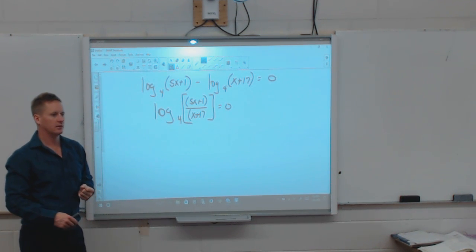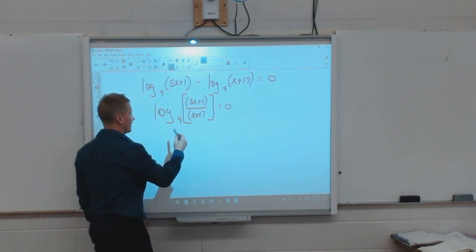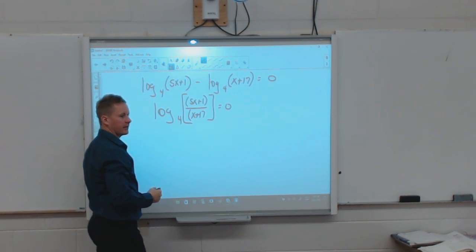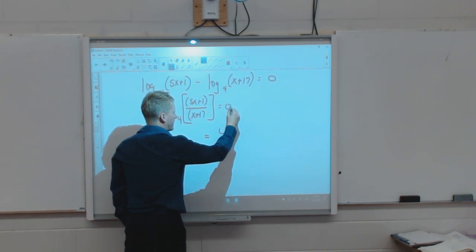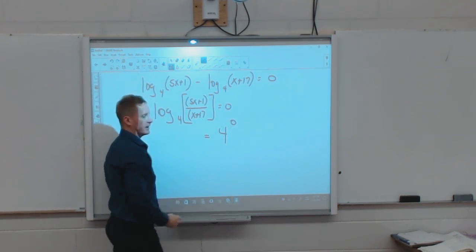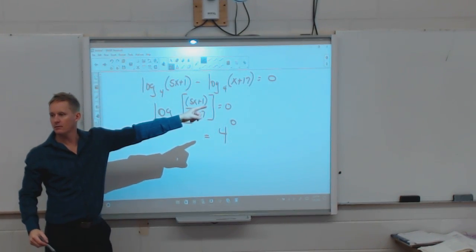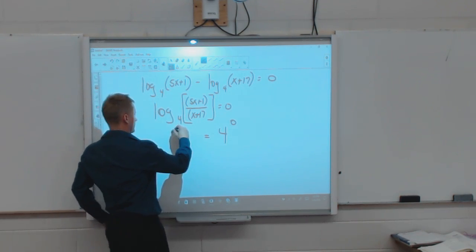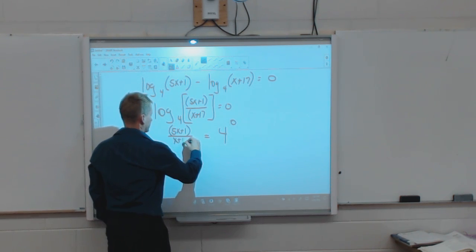I take my base, put it to the other side and raise that as my exponent: 4 to the power 0 is equal to 5x plus 1 over x plus 17.